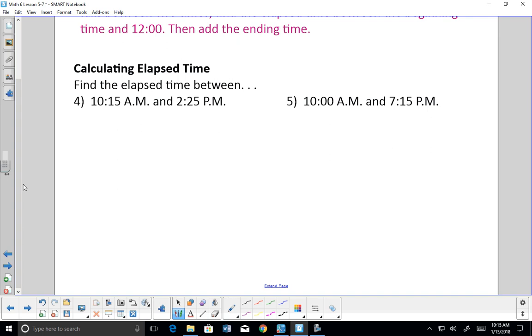I'm going to just simply use the before 12 and after 12 comparisons. So if I think about it, 10:15 a.m. to 12 p.m., that's equal to 1 hour and 45 minutes.